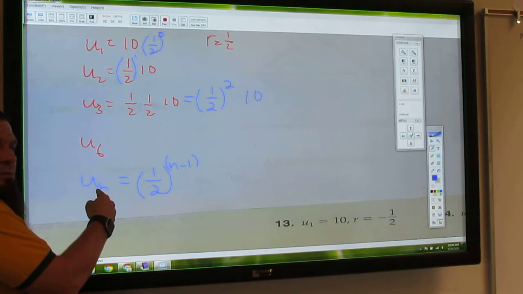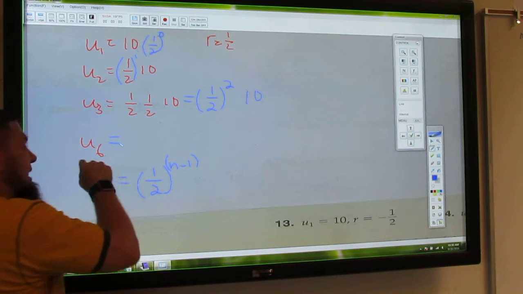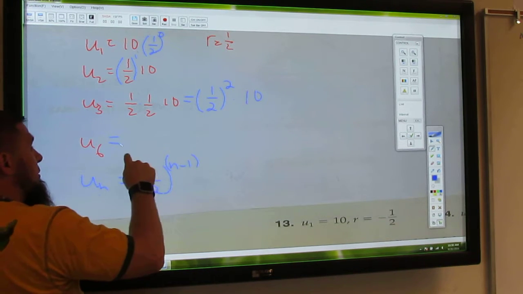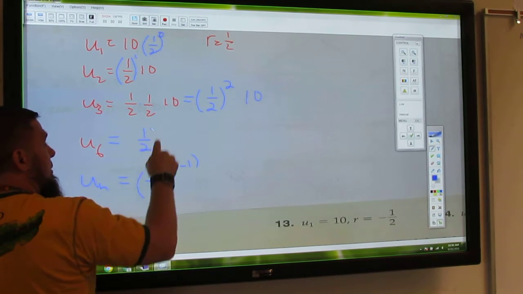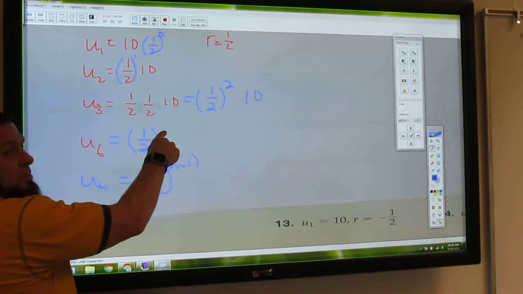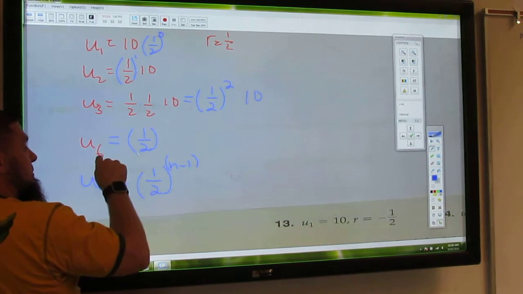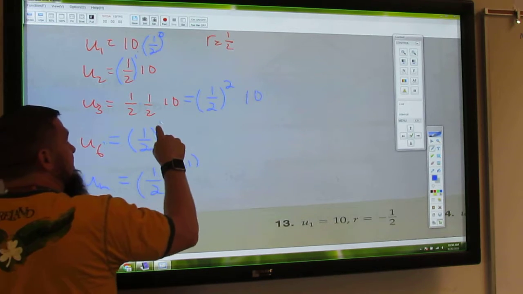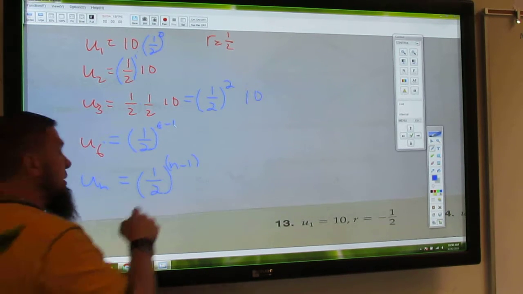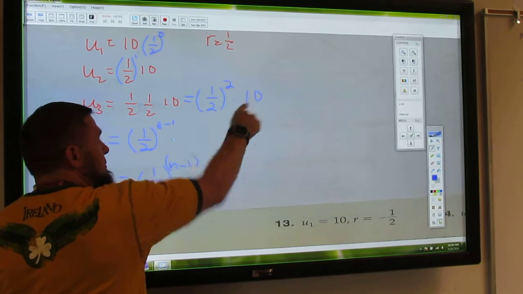That makes sense? So in this case, what would I plug in? Half, to what power? The fifth power, because it's 6 minus 1, times 10.